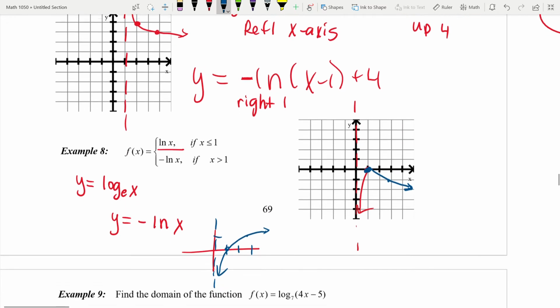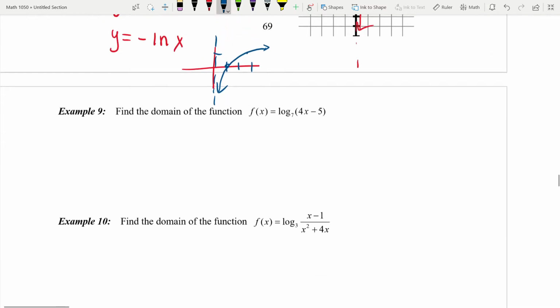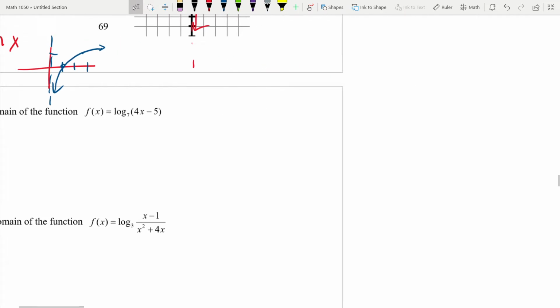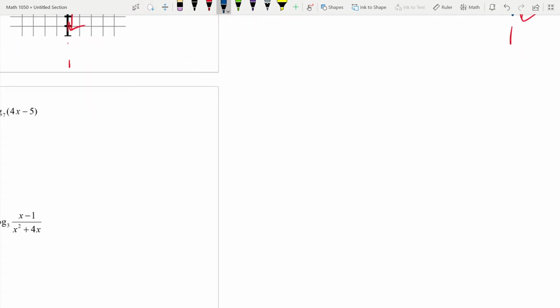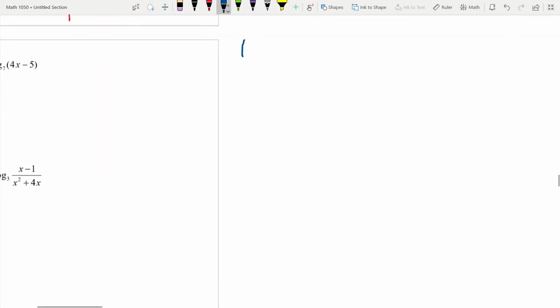Okay, all right, domain. This is a sore spot. Some of my students have not been great at this, okay? Maybe find a spot and write this down real quick. Domain. Number 1, when you're finding domain, what do you look for?